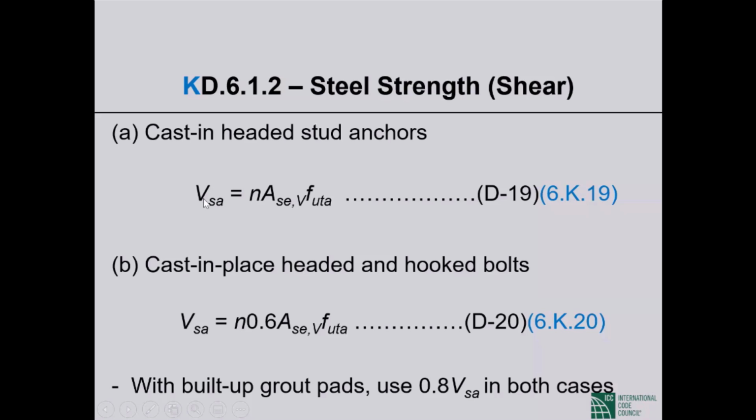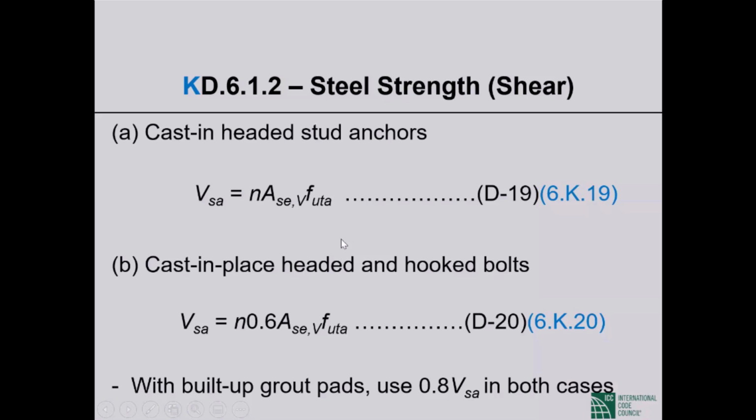how should I say, the steel governed shear strength of the anchor is number of anchors in the group, the effective area of the anchor in shear, this is excluding the area of the threads, and the ultimate tensile strength. The shear strength is the same as the tensile strength, no reduction. Cast-in-place headed studs only, we have no reduction.